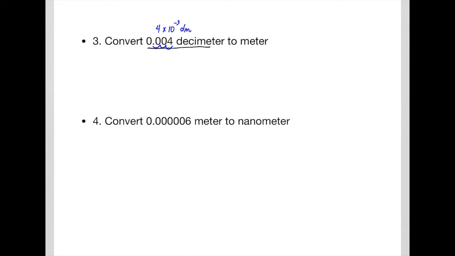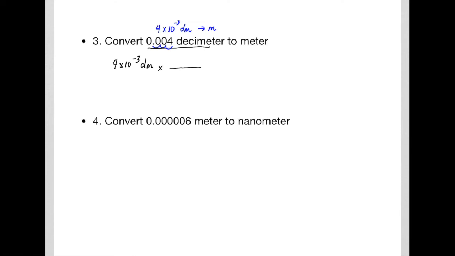Now, I want to convert it into meter. So, let me do it: 4 times 10 raised to negative 3 decimeter times. Now, take note, my unit is decimeter to meter. What is decimeter?